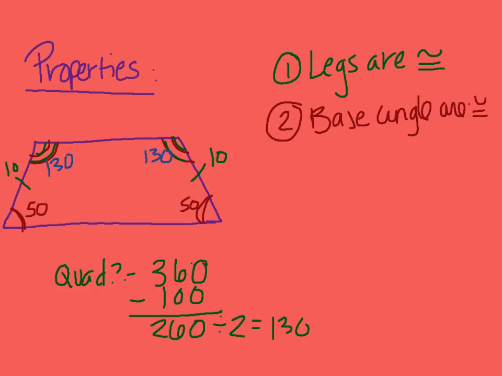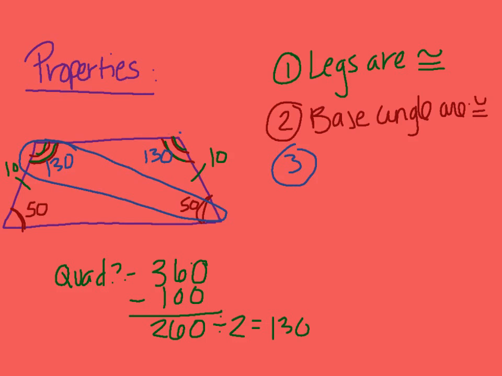So they all add up to 360, and we got the 2 base angles equal. So what do you notice about, let's say, opposite angles? Maybe these angles right here, ones that are opposite of each other or diagonal from each other. Hopefully you're seeing they're not equal, but they are equal to 180.